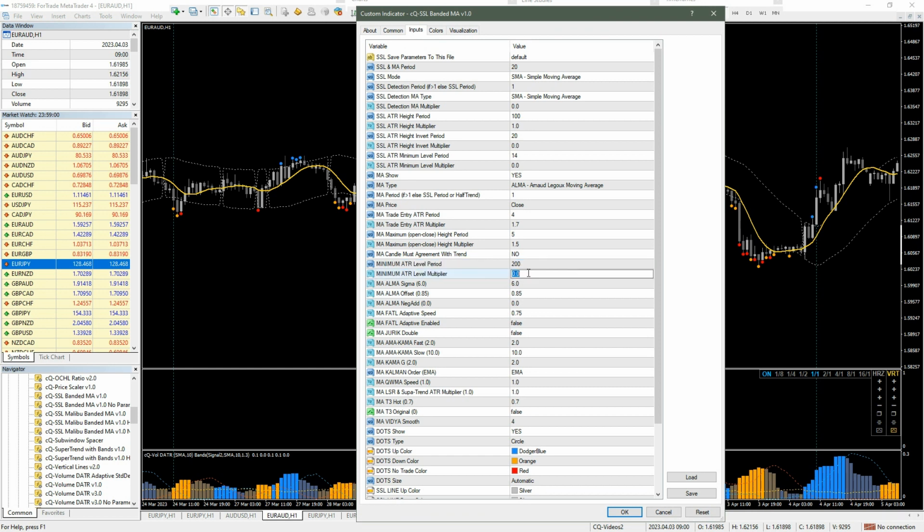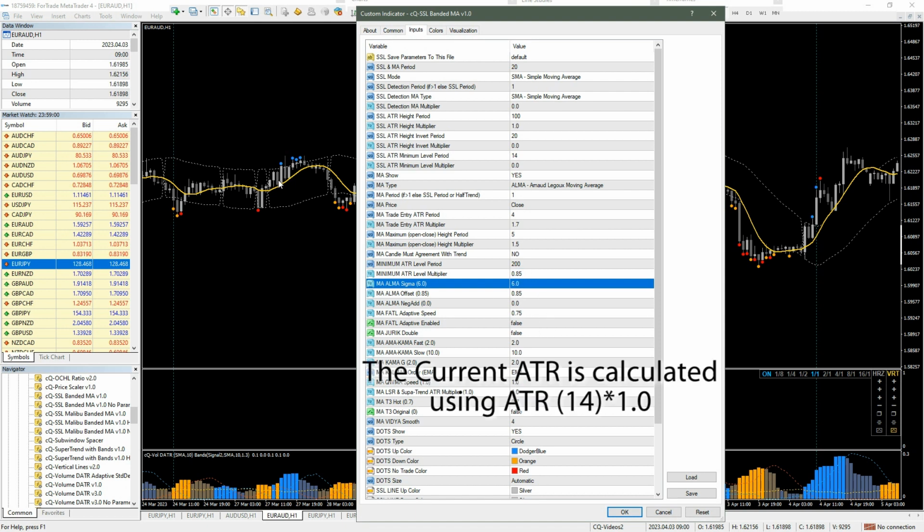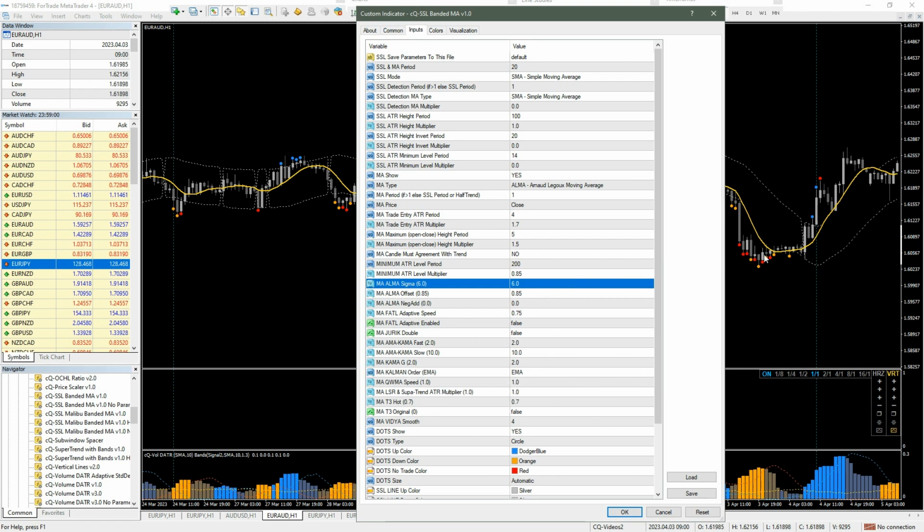which is just a minimum ATR level, and I have it set to 200, 0.85. What it will do is it takes the ATR of the past 200 candles, multiplies it by 0.85, and if the ATR isn't greater than that, then it will print a red dot. So if you have this set, you'll see some red dots on places where you think there shouldn't be a red dot, but it's because of this.